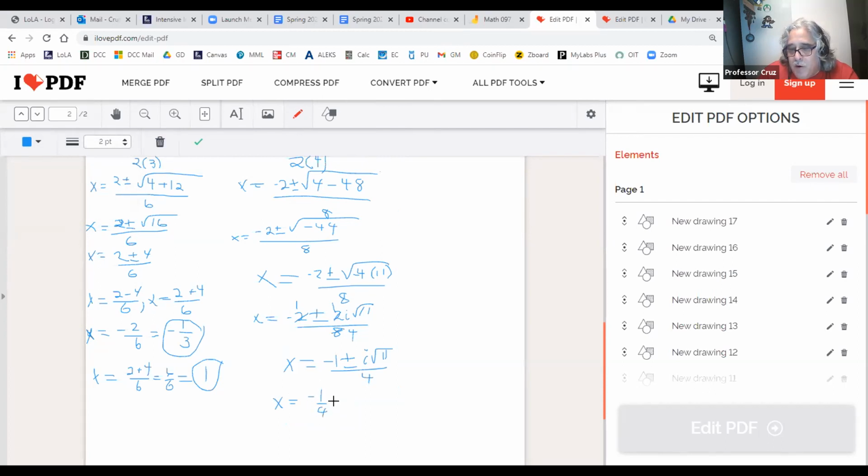So there's the real part, and then this is the imaginary part. The only thing you can do is just separate them. I do believe that's what math wants you to do.